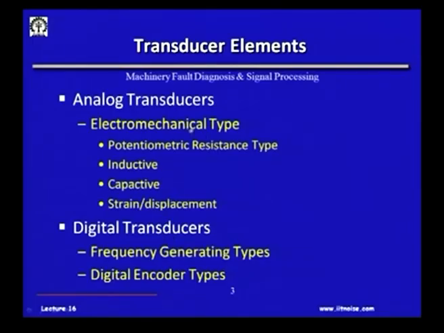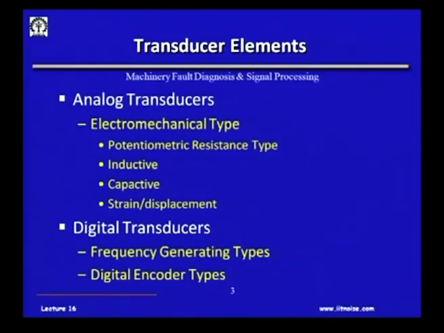In analog transducers, we have the electromechanical type, basically a resistance type, an inductive type, a capacitive type, or a strain displacement type. So, this is the technique. These are not the mechanical parameters. Mechanical parameters could be anything, but by having these sensing elements, I can measure the mechanical component.